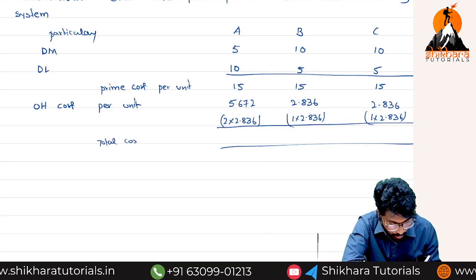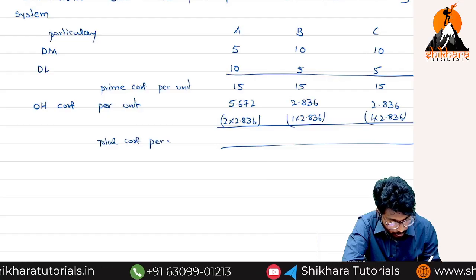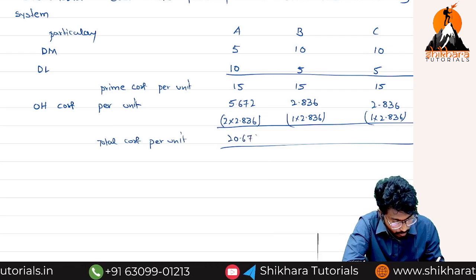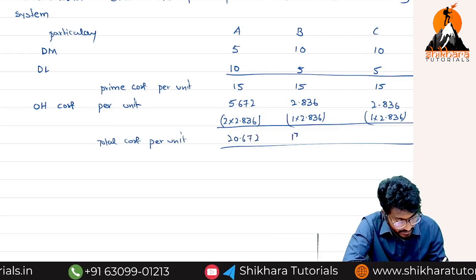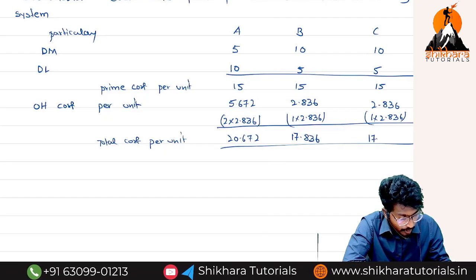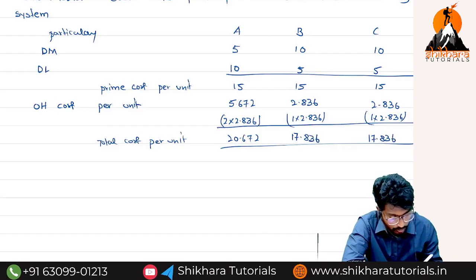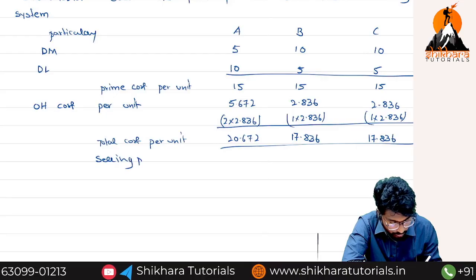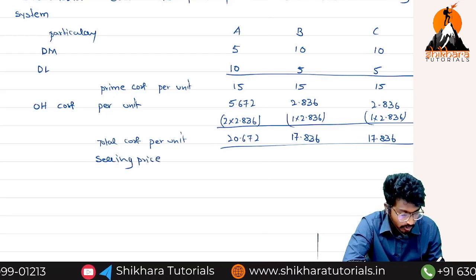Tell me the total cost per unit: 20.672, 17.836, 17.836. Now selling price: twenty.